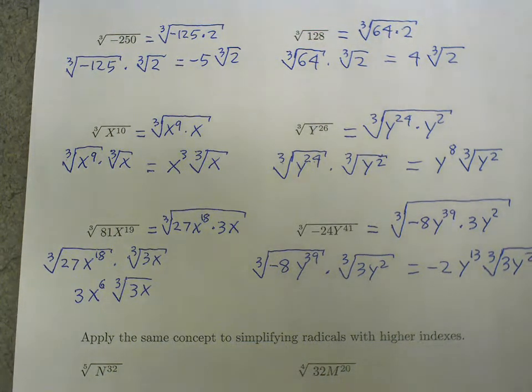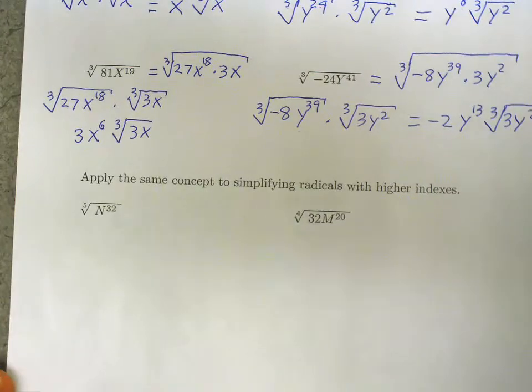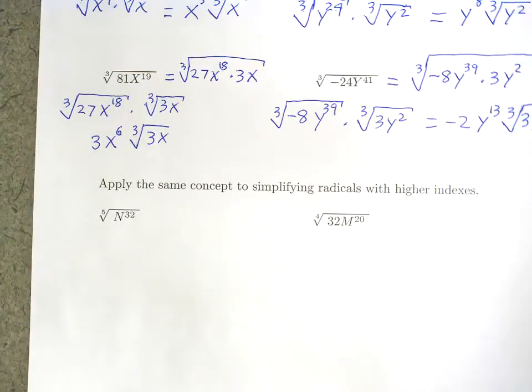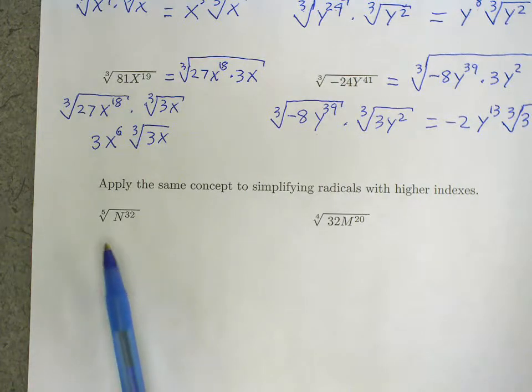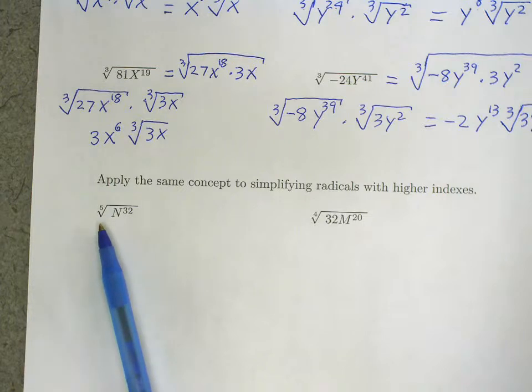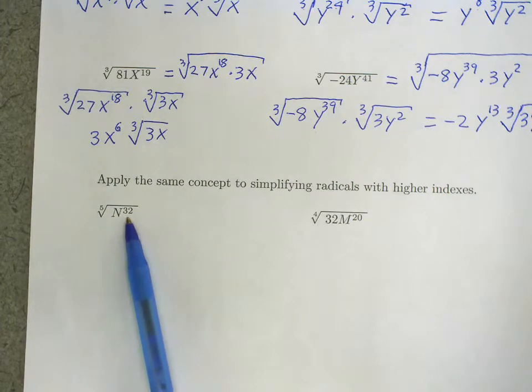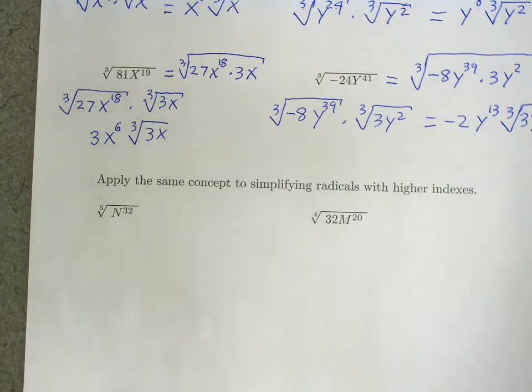Okay, this sort of procedure can be extended to radicals with higher order indexes. We'll do just a couple of examples. The fifth root of n to the 32nd. Well, a perfect fifth power is a term whose exponent is a multiple of 5.